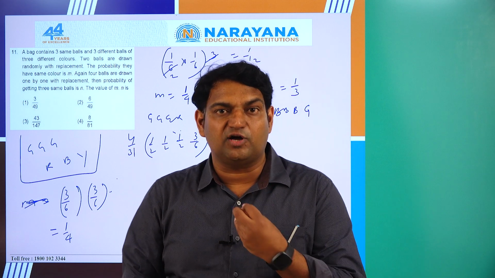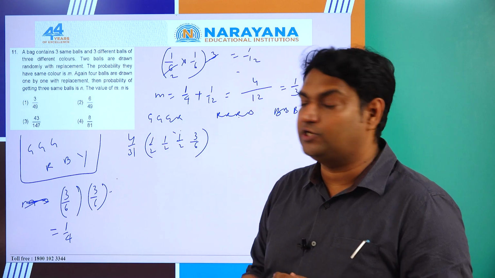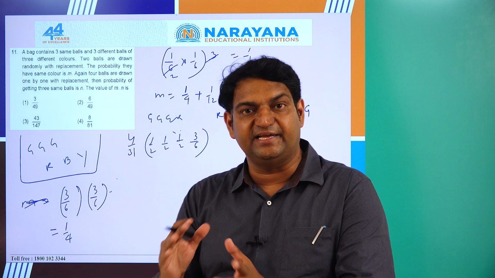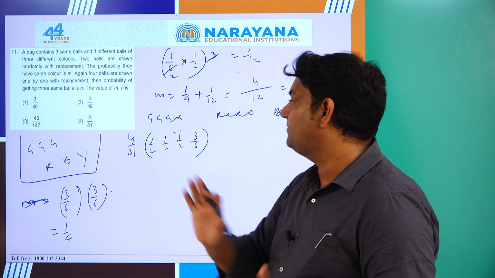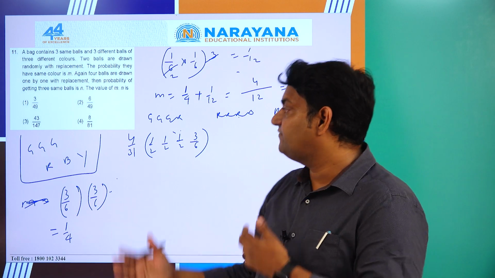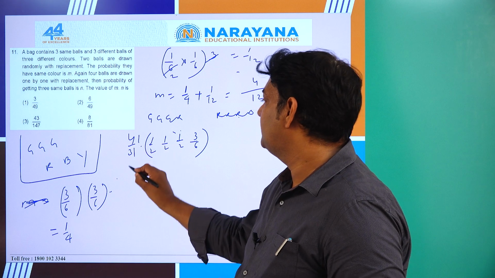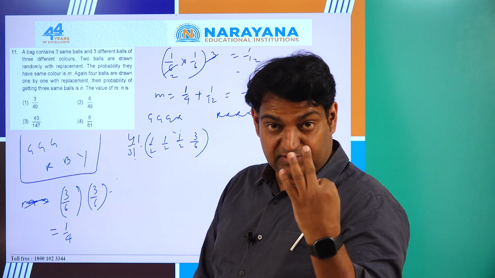When drawing balls one by one with replacement, it need not come in this order only: green, green, green, red, or green, green, red, green, or red, green, green, green. So we are arranging them: 4 factorial by 3 factorial. This is the case when alike color ball came 3 times.